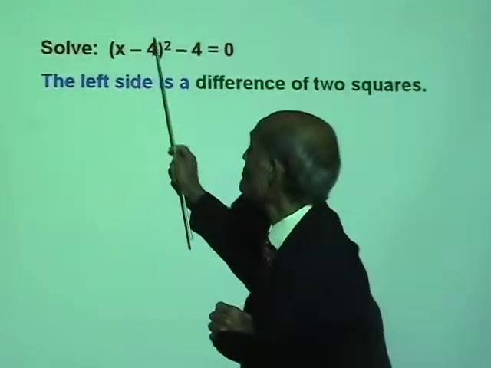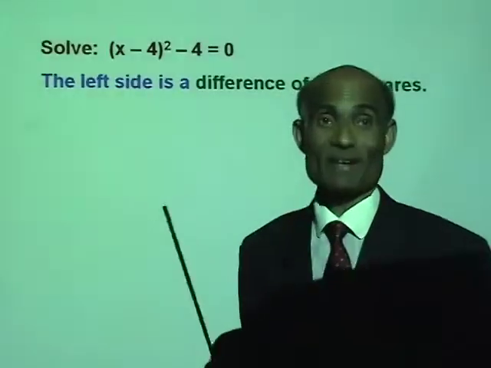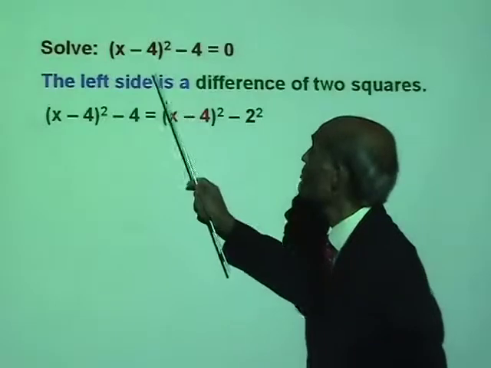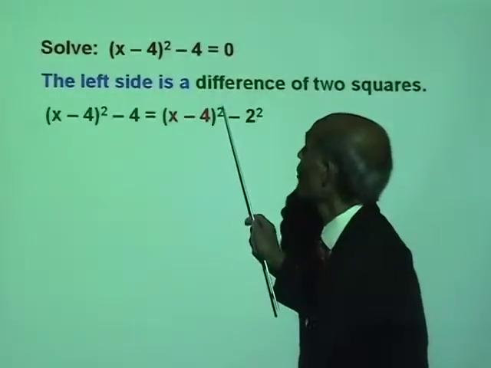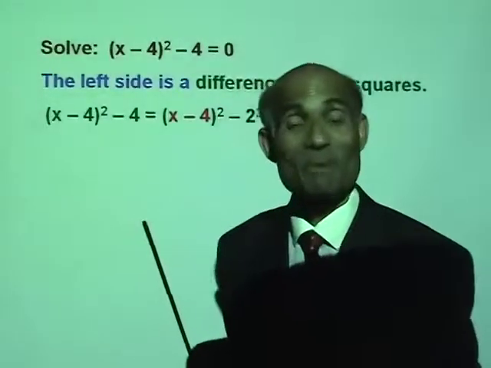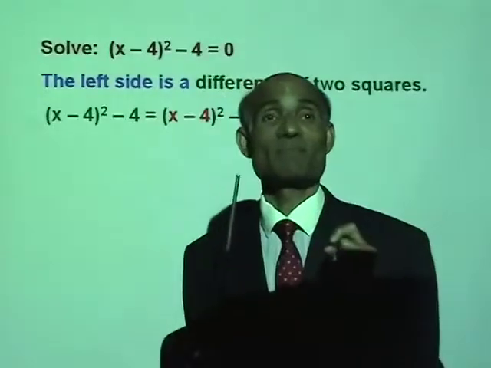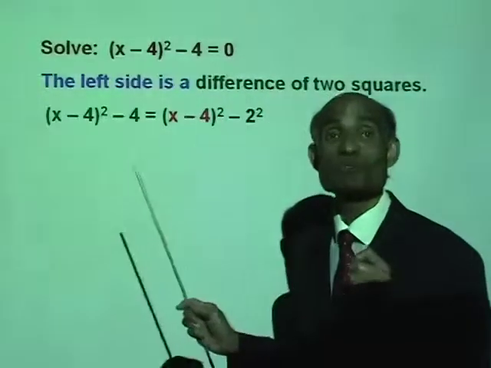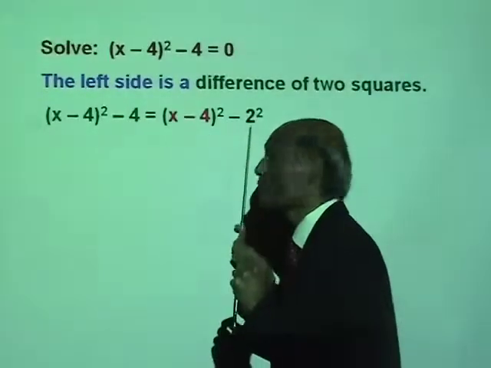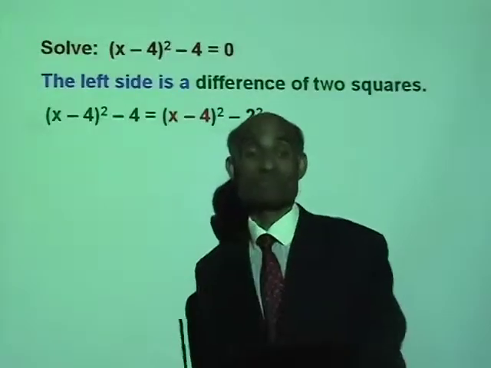So it is x minus 4 squared minus 2 squared. There you are. So the left hand side can be written as x minus 4 squared minus 2 squared. Can you tell me, how do you factor the difference of two squares? The difference of two squares is factored as the sum of the two numbers multiplied by the difference of the two numbers.